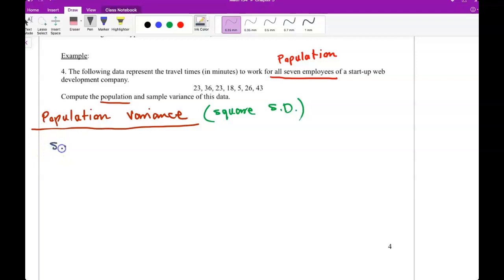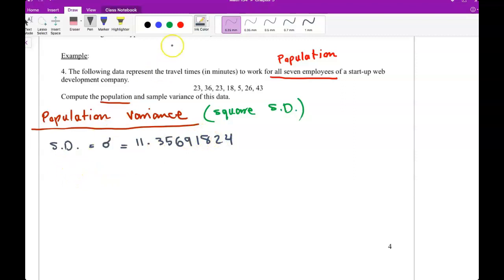So standard deviation is equal to, here we have population, so sigma. That was equal to, I'm going to use exactly what I got on calculator, not what I rounded, so 11.3591824, because in the previous example we rounded to have 11.36, but here I'm not rounding it.